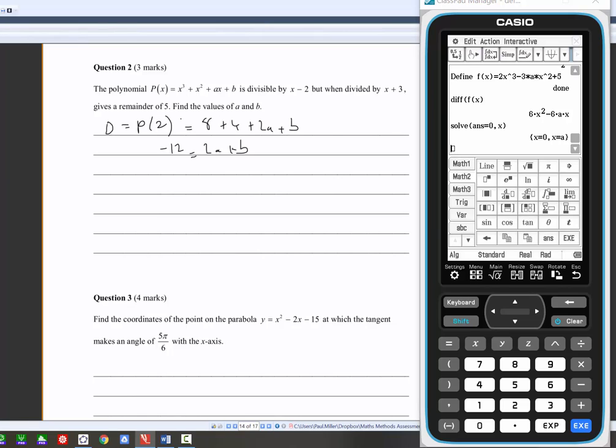But when divided by 3 gives a remainder. So again, using remainder theorem, 5 equals p of -3 equals -27 plus 9, take 3a plus b.